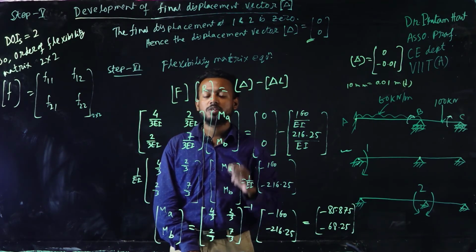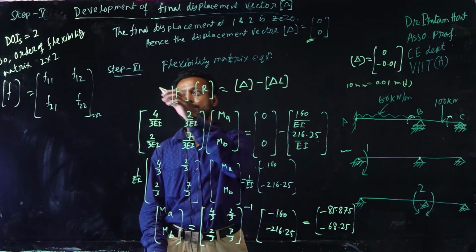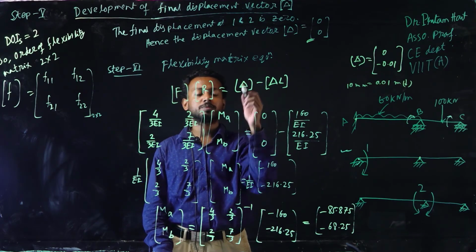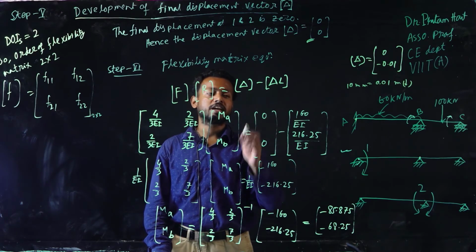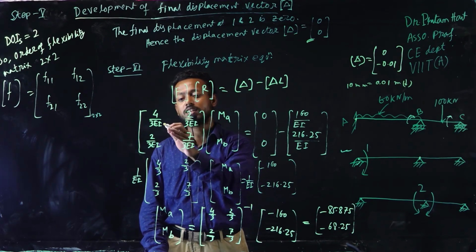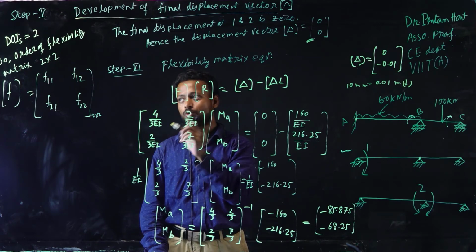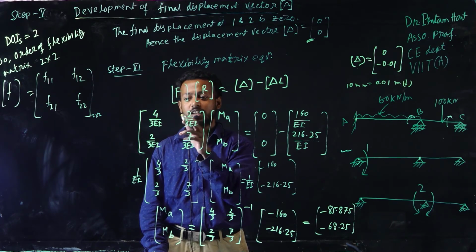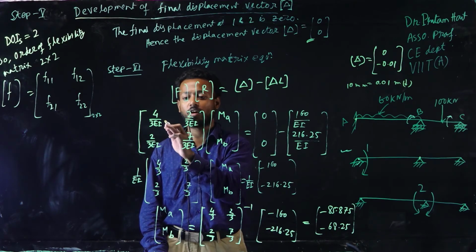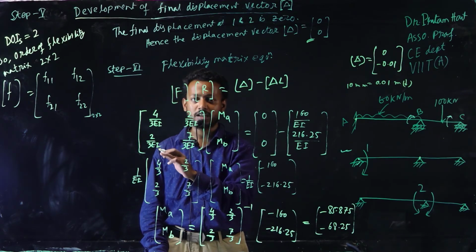Okay, the next step is step number 6, stiffness matrix equation. We know F into R equals delta minus delta L. F we calculated, this is the 2 by 2 flexibility matrix. F is our flexibility matrix and all the elements we have calculated in the earlier steps.